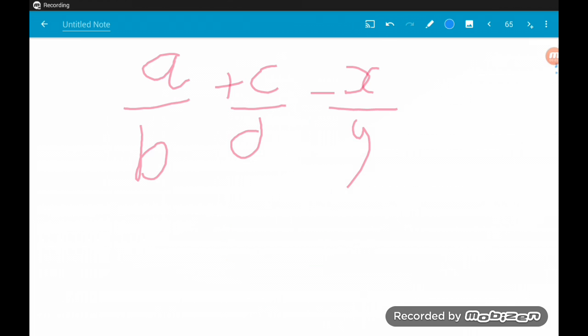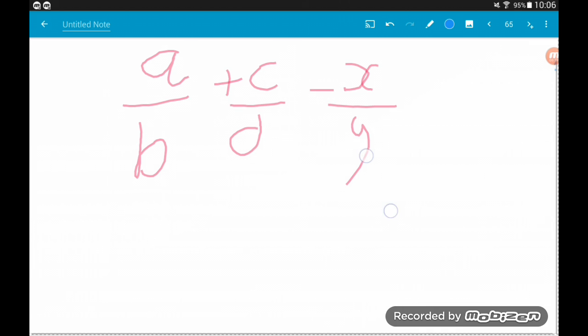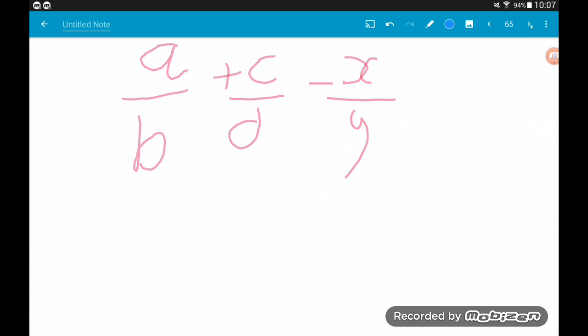Okay, next up, what if we have a chain? So a over b plus c over d minus x over y. Do we want to do all of this in one go? No. In true maths fashion, we want to break it down into manageable chunks and do it step by step. First of all, we'll do a over b plus c over d.